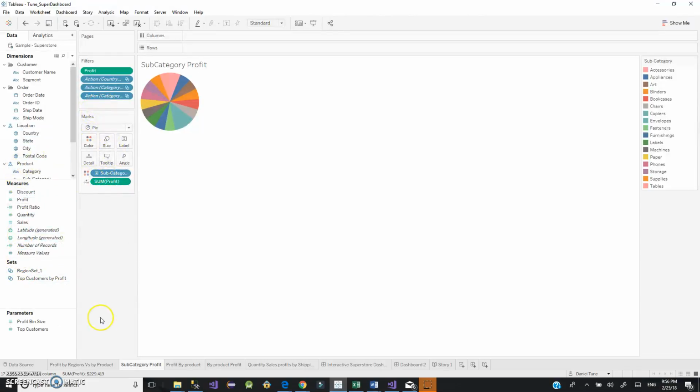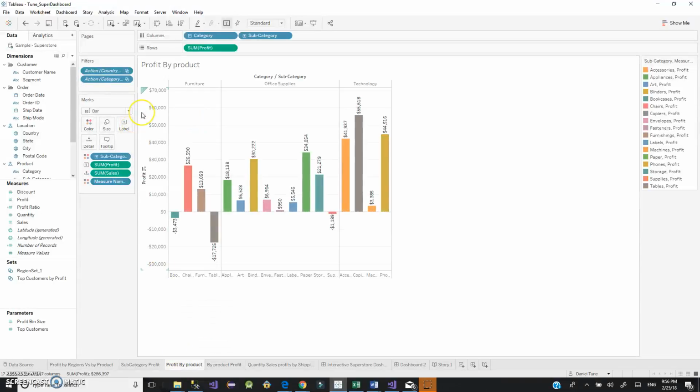For another section, the main part is right here actually. Here is another part, category and also subcategory, and sum of profit.